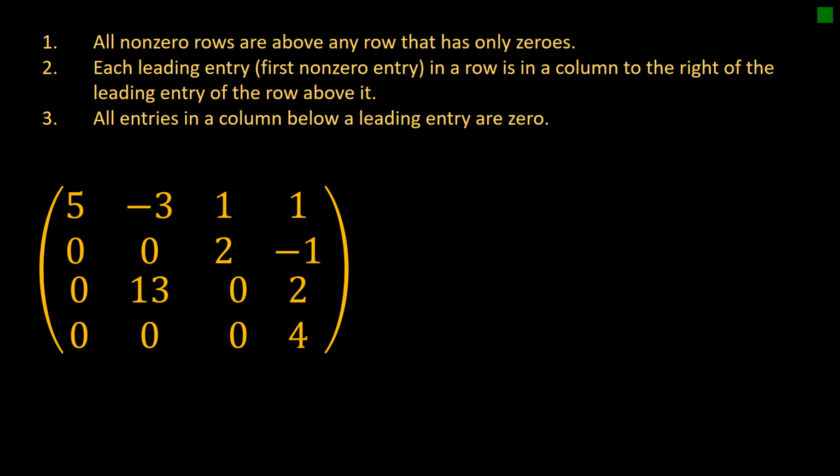Let's do another example. In this example, we don't have any rows that are all 0, but the leading entry in this row lies to the left of the leading entry in the row above it.